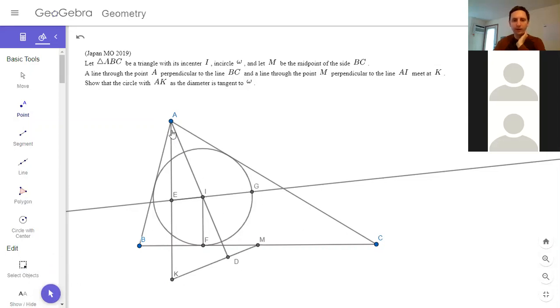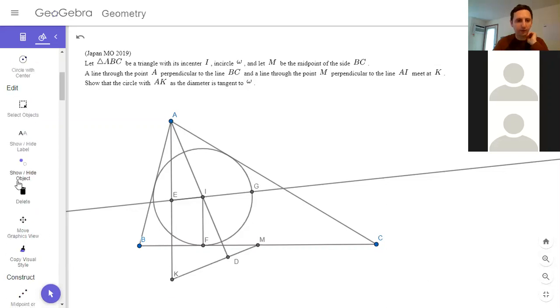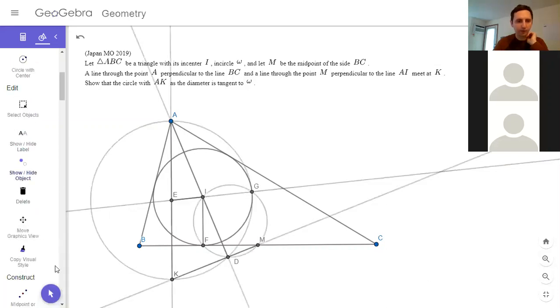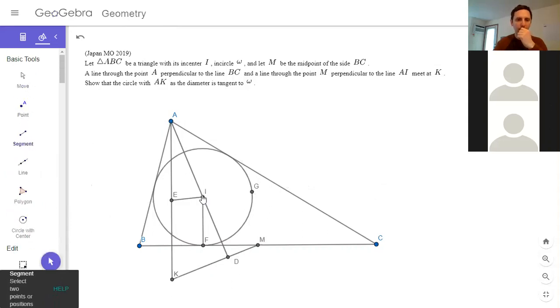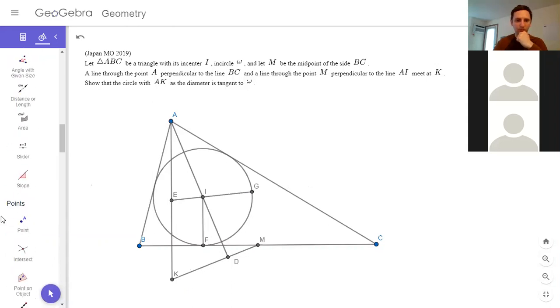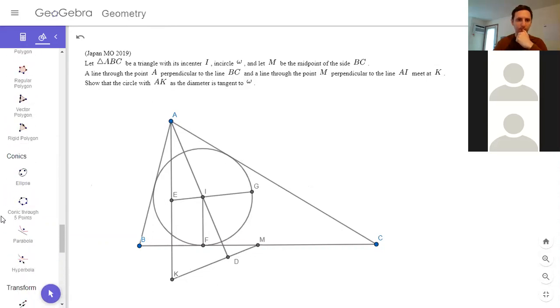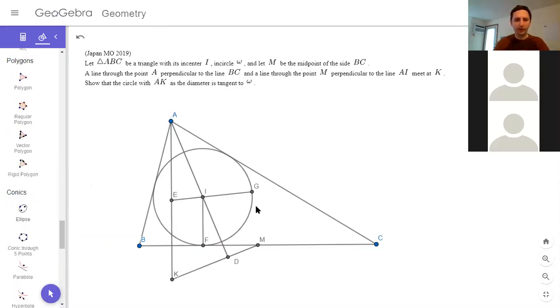We want to show AGDK is cyclic, right? So step one is to show AGKD is cyclic, and then step two is to show that the circles are actually tangent, which I think wouldn't be that hard.